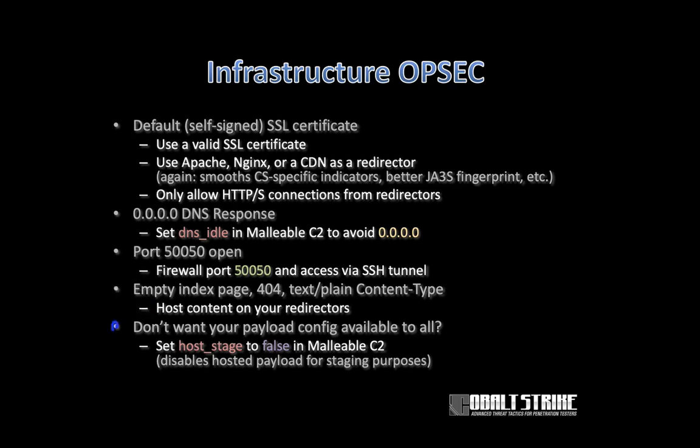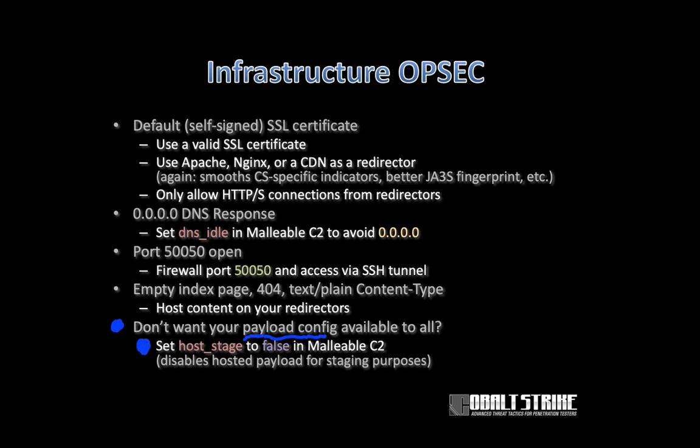My last recommendation to make your team server less interesting is to make it so that a third party cannot connect to it and request a payload. The way you do this is to disable payload staging, and you can do that in Malleable C2. That is the host stage option.